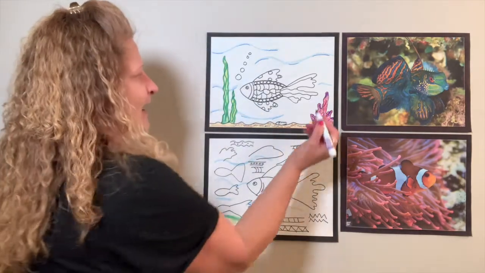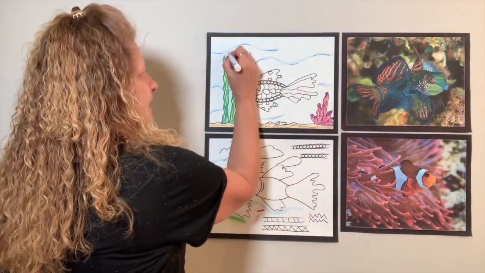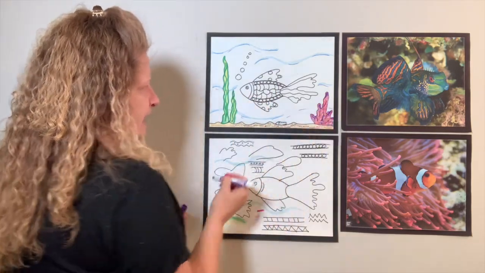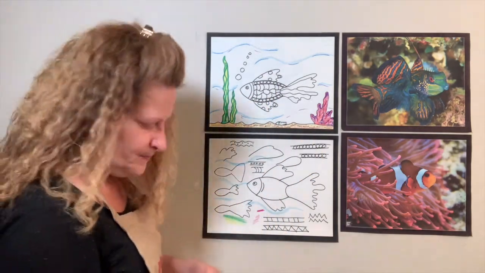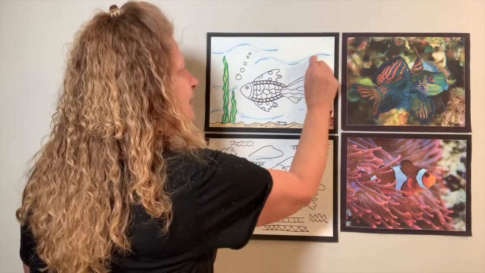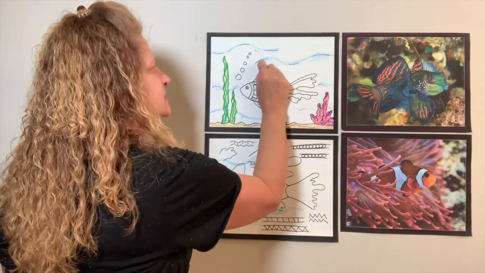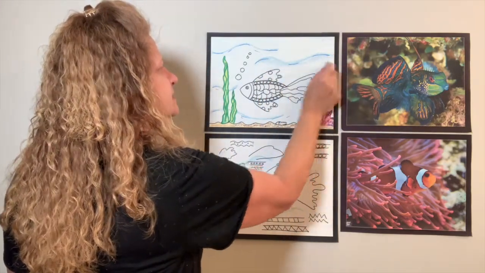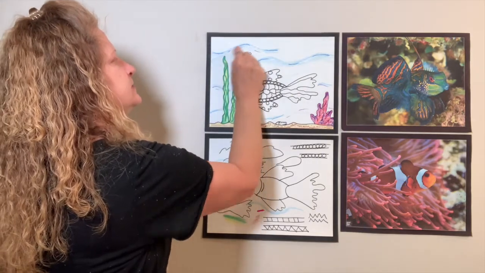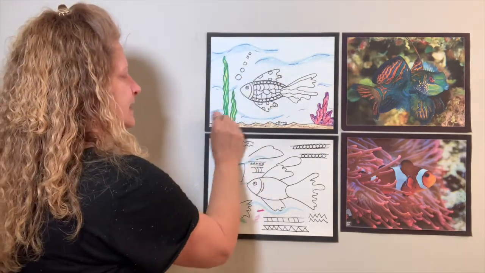Maybe you want to have some purple in your water too with your marker. You can make some little dashed lines just like this. Awesome. All right, so there I go, and underneath your lines you could make it a little darker so that it actually looks like big old waves that are in your ocean.